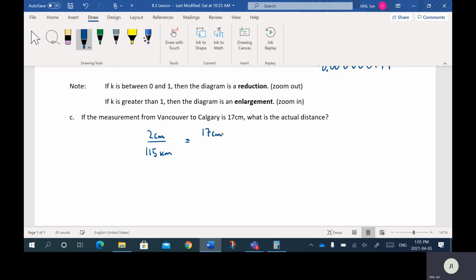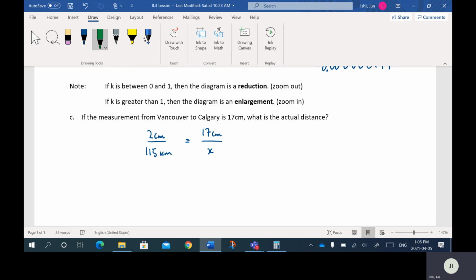So I'm going to write 17 centimeters up top, and then on the bottom is where I put my variable x. Because these ratios have to be the same. So this is the map ratio. This is the measurement on the map. Just make sure the centimeters line up top, therefore the kilometers on the bottom. So this will not be flip-flopped. Make sure the units are lined up.